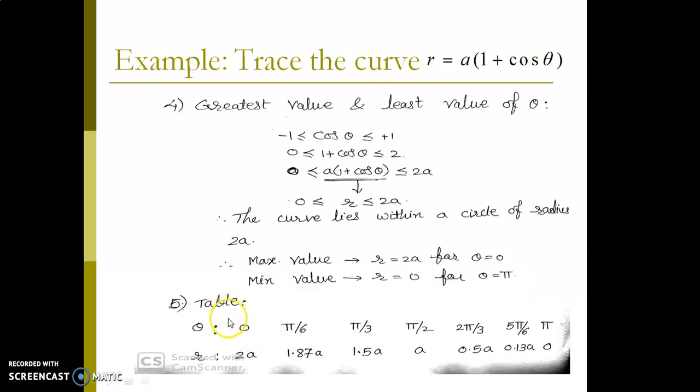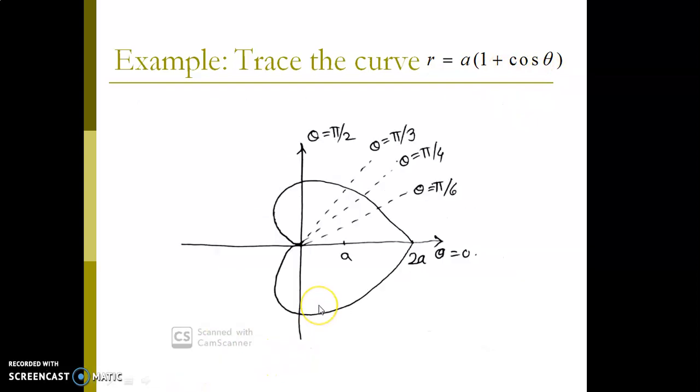Now the next point is the table. We consider values of theta from 0 to pi, because the maximum and minimum values of theta are given. For these we find the value of r by substituting the value of theta in the given cardioid equation. And then we plot these points. This is the initial line, this is the pole, and this is theta equal to pi by 2, that means the perpendicular line to the initial line.